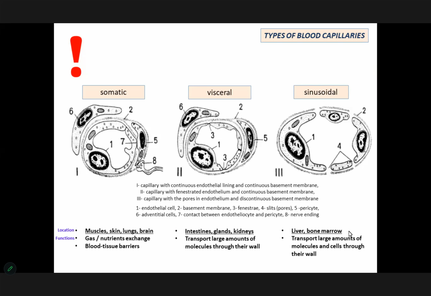For example, in bone marrow we have sinusoidal capillaries, and in bone marrow the newborn formed elements of blood should enter the blood flow, and they enter the sinusoidal capillaries through such holes in their wall. And in liver, a large amount of large molecules also can pass through these holes, gaps and pores.